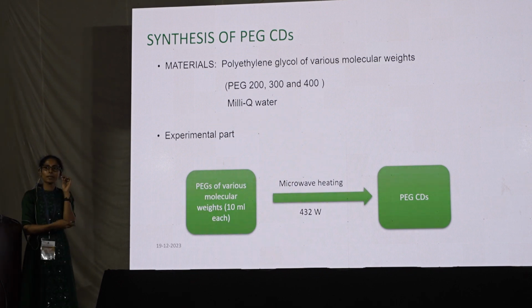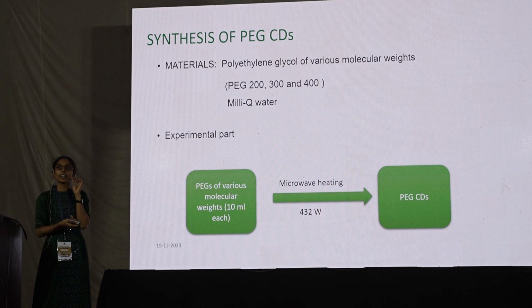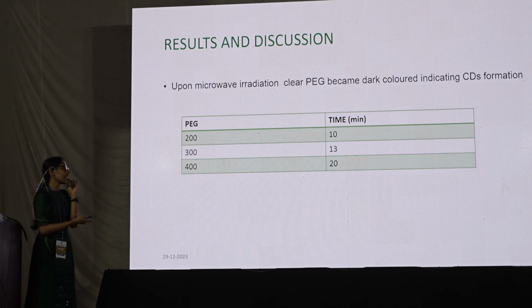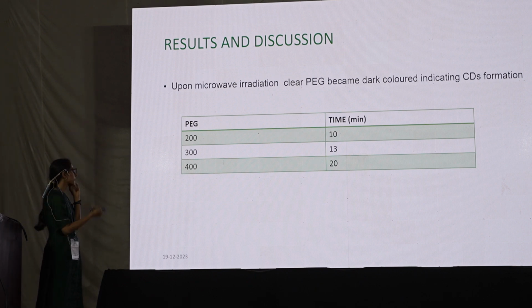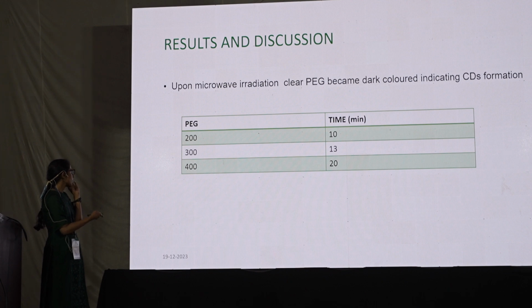Taking 10 ml of each of these polyethylene glycols in a round bottom flask and heating in a microwave oven at a power of 432 watts, we know carbon dots are formed by the color change from colorless liquid to dark brown. The time for color change varies with molecular weight. For PEG 200 it was 10 minutes, for PEG 300 it was 30 minutes, and for PEG 400 it took almost 20 minutes.